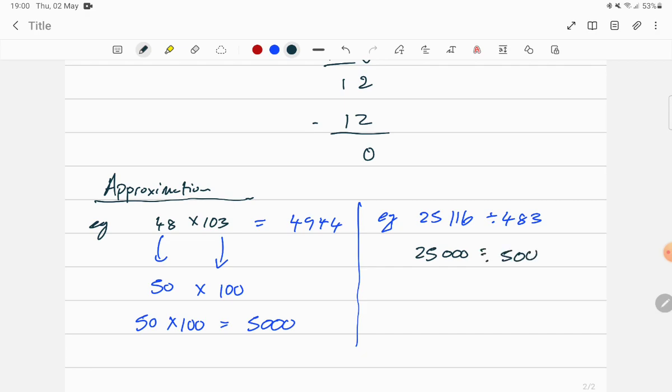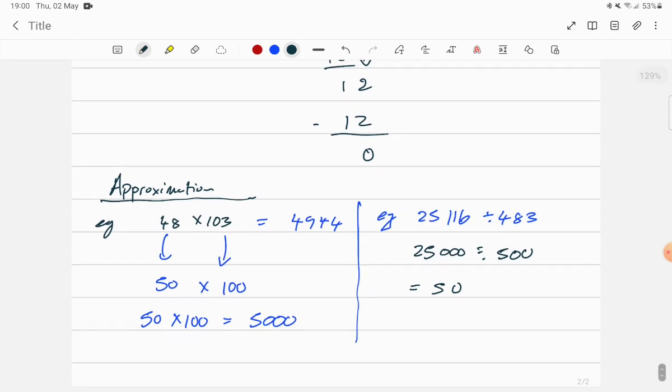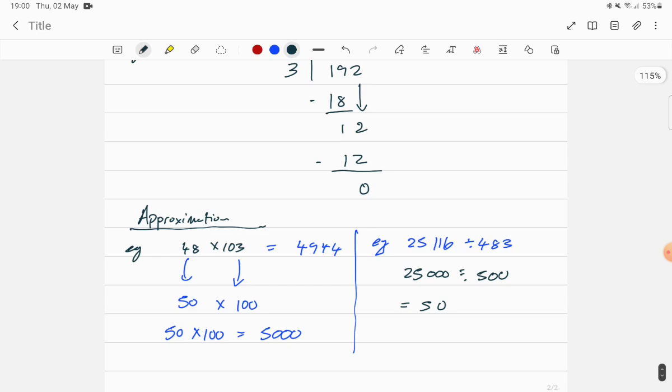The 25,116 rounded down to 25,000, and 483 rounded up to 500. So here we can approximate that answer to be 25,000 divided by 500, which gives us 50. And as you can check, we should get an answer very close to 50 for the original. So as a whole, these are your operations when it comes to whole numbers.